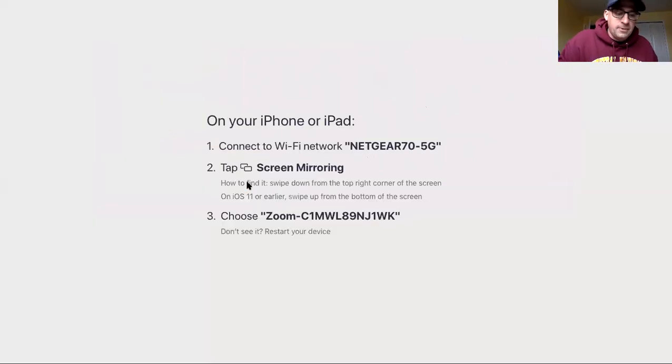Ah, there we go. Okay, so let me reconnect. Got the spinning circle of death right now on my iPad, just waiting to connect. Hopefully it happens soon so we can get back to this. There we go. Come on, get caught up. Let's go.